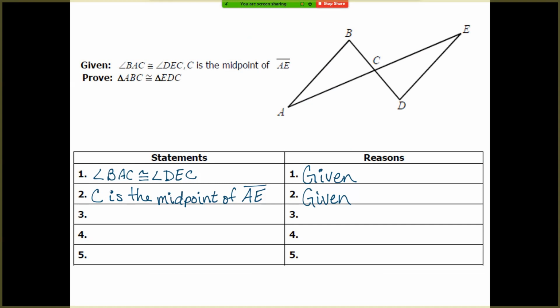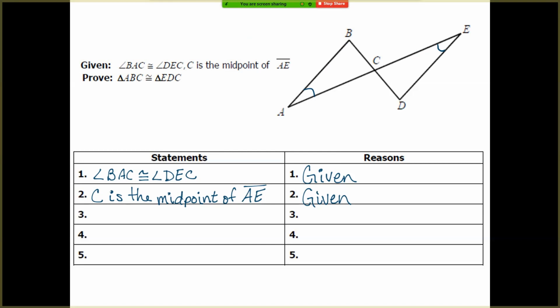All right, so for line 1, you wrote the angle BAC is congruent to angle DEC. So in my diagram, I want to go ahead and mark those 2 congruent to each other, just like that. For line number 2, we wrote that C is the midpoint of AE. Keep in mind, a midpoint just creates 2 equal segments.